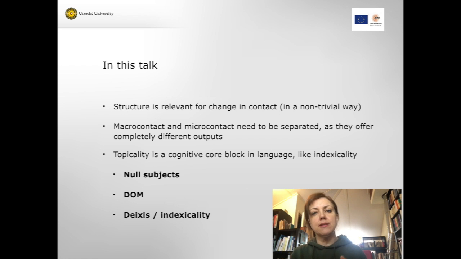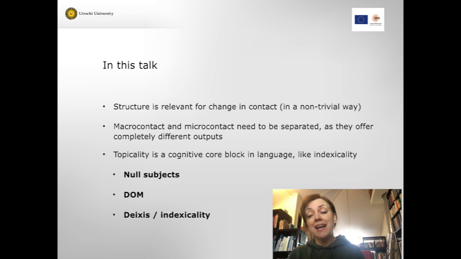Whereas microcontact is intended to be a contact between languages that belong to the same family, that have the same macro parametric setting, that are basically identical, except for some features that are usually linked to functional heads or to lexical items. We will show here that macrocontact and microcontact are really substantially different. So they need to be kept separate because languages in microcontact behave really differently from languages in macrocontact.